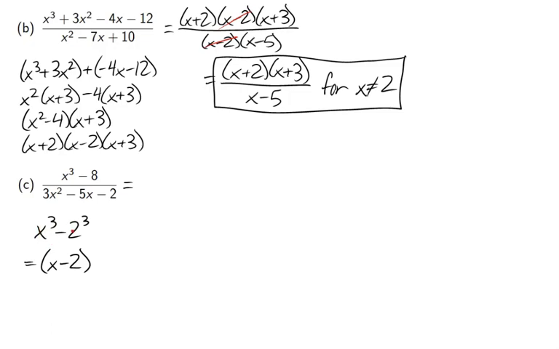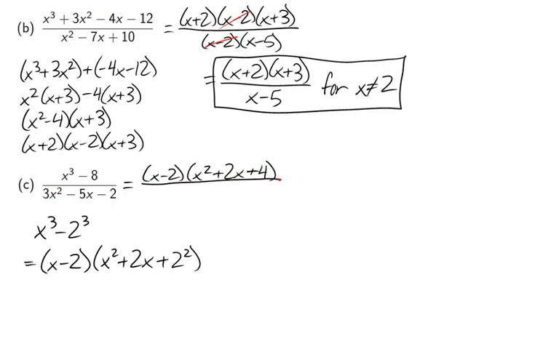The formula is a minus b times a squared plus ab plus b squared. And so, in the numerator I get x minus 2 times x squared plus 2x plus 4. There's my difference of cubes formula.